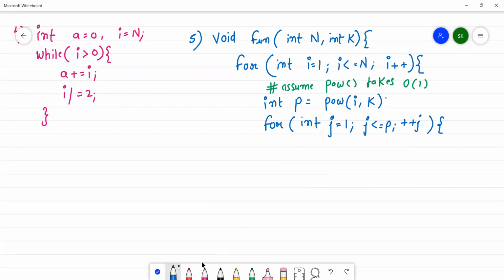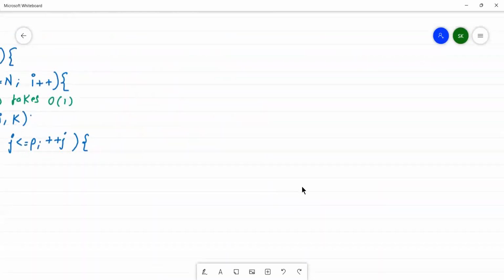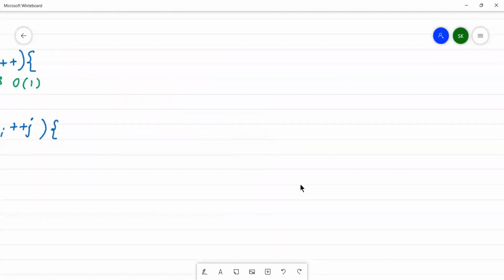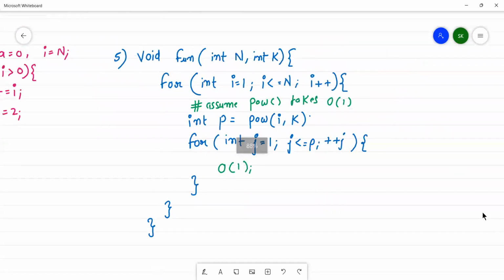Again, here I'll say some order of 1 statement is going to get executed. Then bracket close. And that's it. You all took the screenshot, right? Take it right now if you have not.